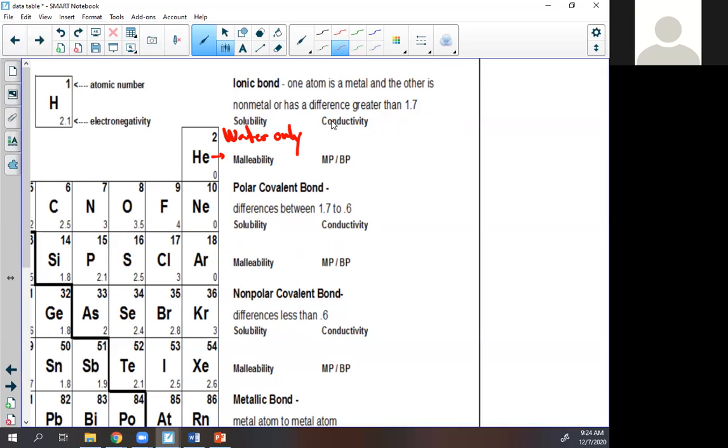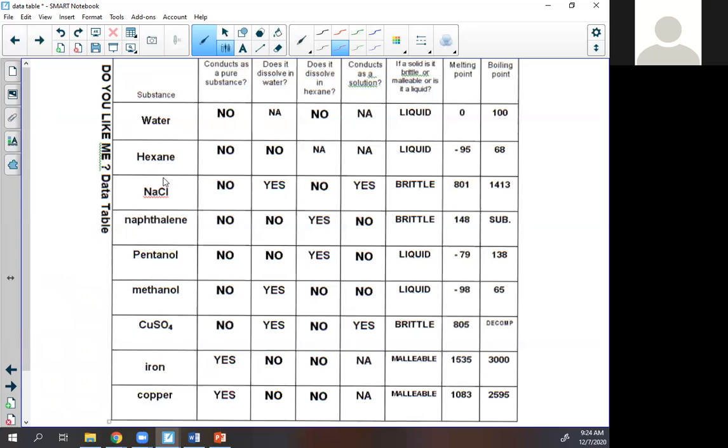Okay, now, conductivity means the ability of the substance to conduct electricity. So we come back here, this is ionic, and this is ionic. Conduct in pure form? No. Conducts when it's dissolved? Yes.